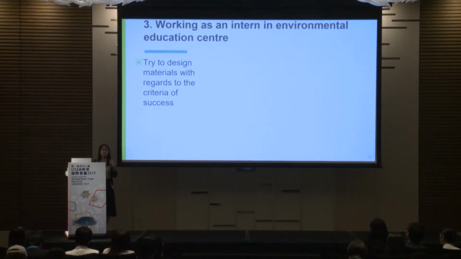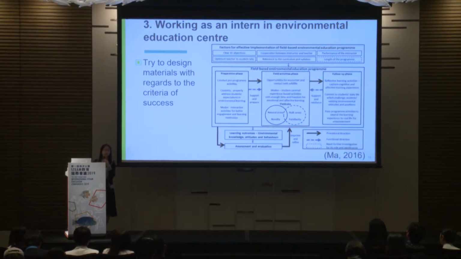now when I reflect and recall this experience, I think it would be quite good if during the design stage, we could refer to some criteria of success. For example, let me refer to this diagram again. There are different factors affecting how successful environmental education programs are. Although my task was to design materials for seminars, not for field-based education, I think there are some similarities that could be learned.